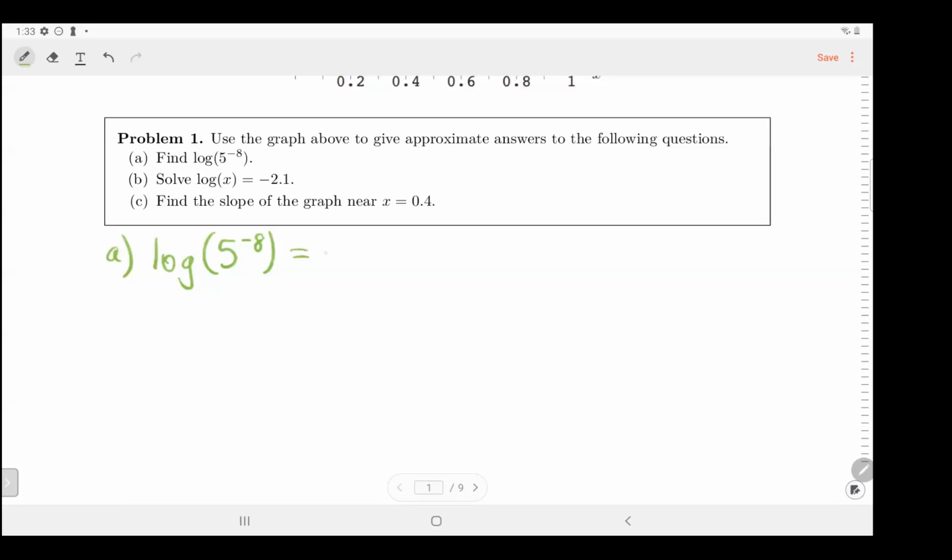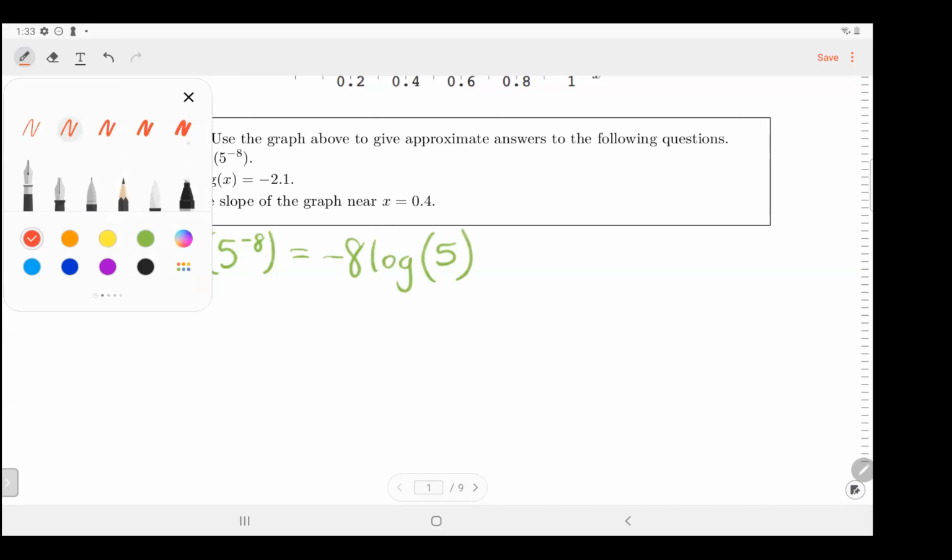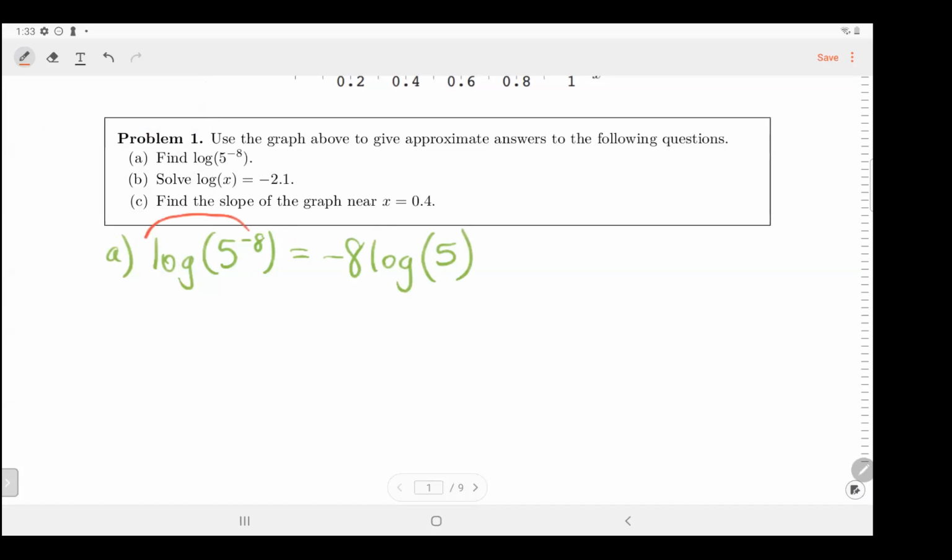I can use the good old power rule for logs. Bring that power out front. So that's just negative 8 log of 5. Maybe I'll make a note. That comes out front. Cool.